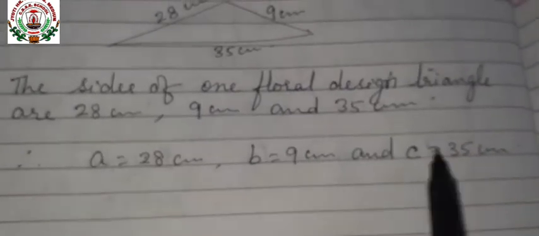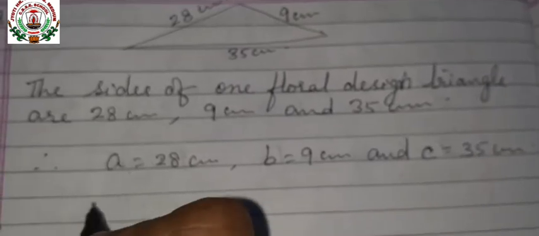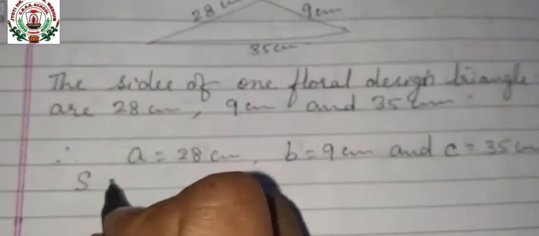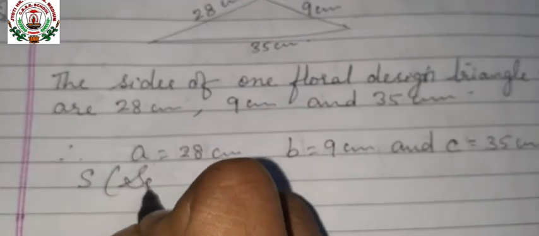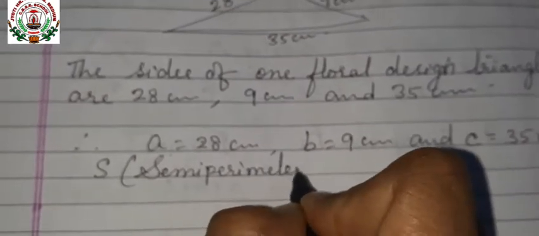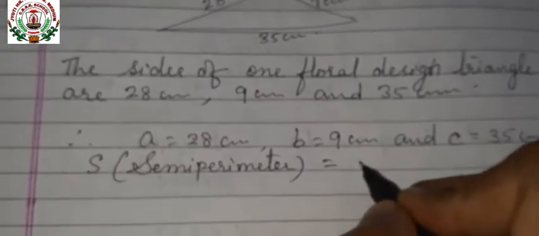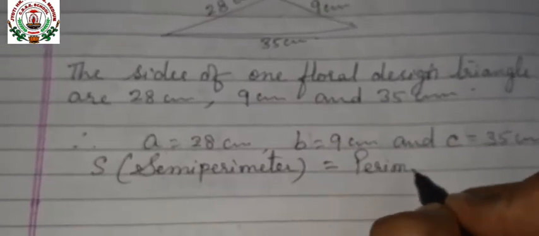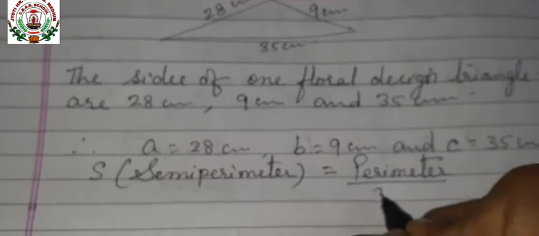Now A, B, C is given, so we can find S, that is the semi-perimeter. S, semi-perimeter, equals perimeter upon 2.